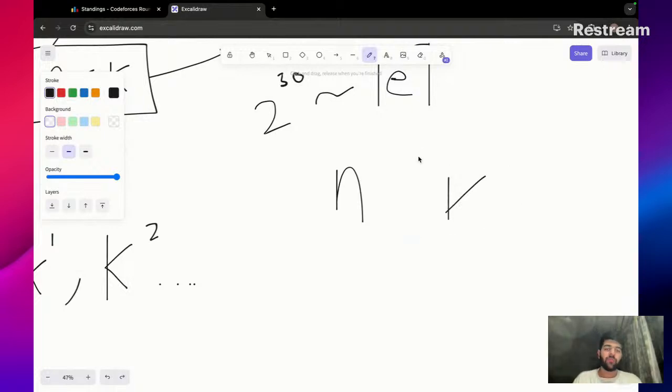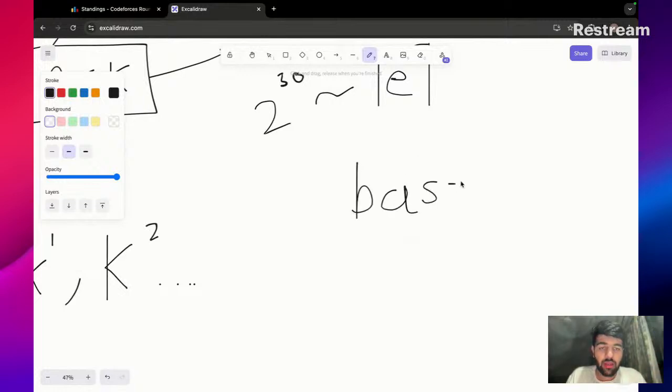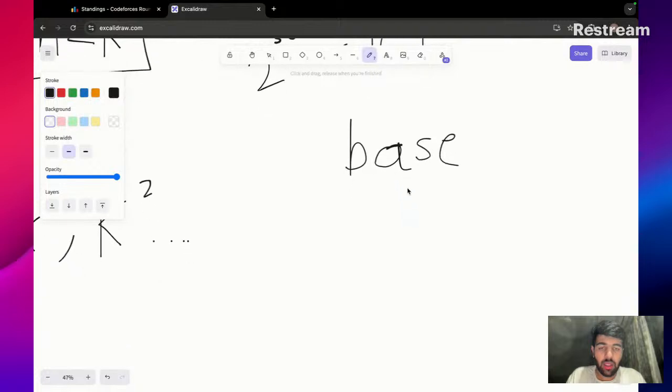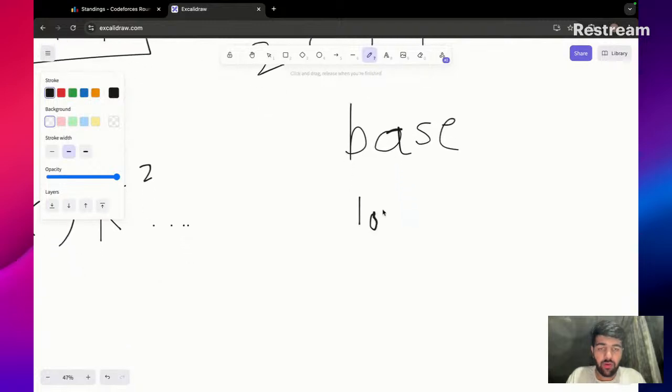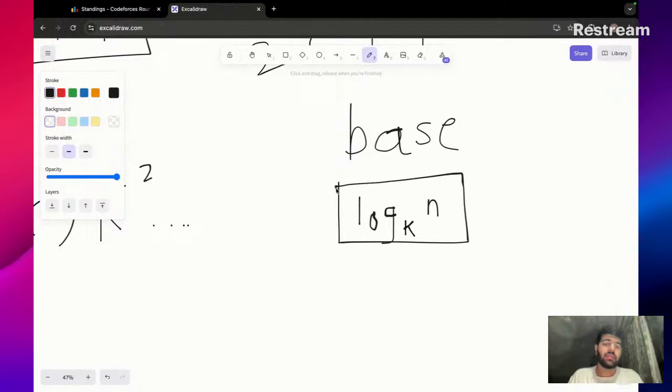So if I want the number of digits in any base, that is basically log of n base k. So yeah, this is the number of digits in n if my base is k. So plus 1, obviously. Sorry. Yeah. So plus 1.